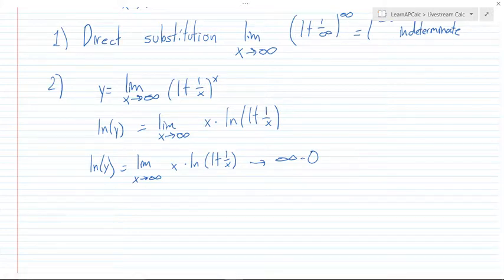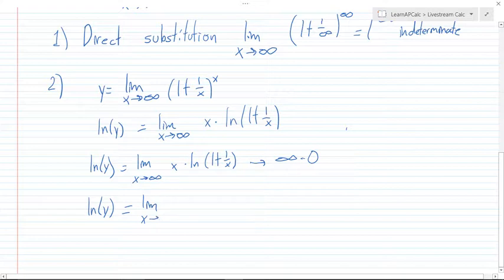So here, the method to do is 1 over 1 over x. So I'm going to actually rewrite this again as the limit as x goes to infinity of 1 over 1 over x, and since I'm just going to multiply this ln on the top, now we can see that we have 0 over 0.